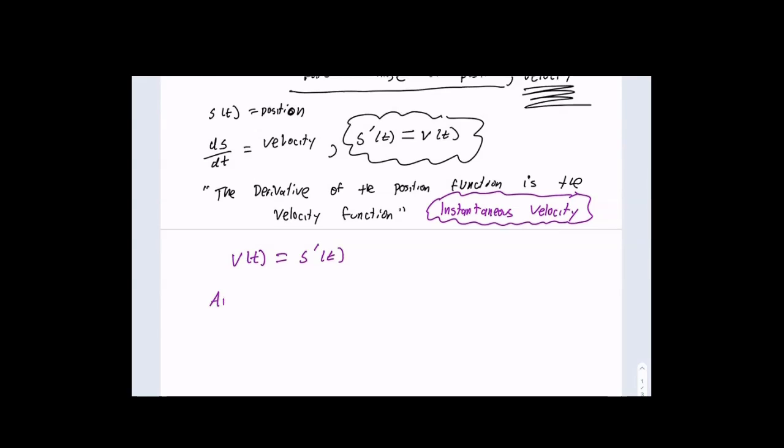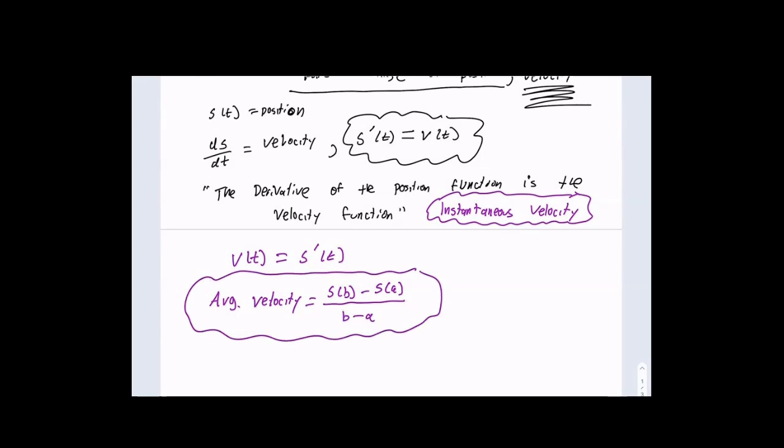Whereas in previous courses, you talked about the average velocity, which is the position at B minus the position at A, all over B minus A. That is the change in position over the change in time, delta S over delta T. You approximated.